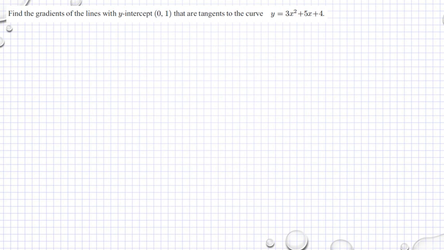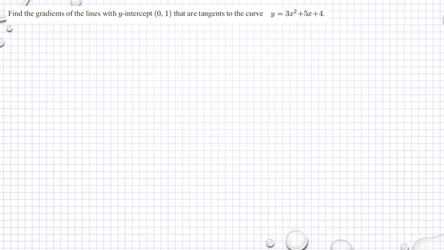Okay, let's try another example. It's almost the same as the previous example. Find the gradients of the lines with y-intercept 1 that are tangents to the curve y is equal to 3x squared plus 5x plus 4.